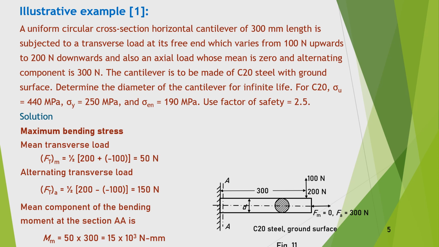Mean component of the bending moment at section AA is load multiplied by the distance 300 mm. So mean component is 50 into 300, that is 50 into 10 raised to 3 Newton mm.